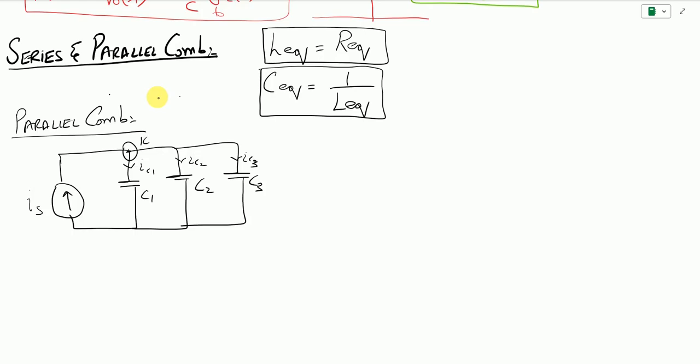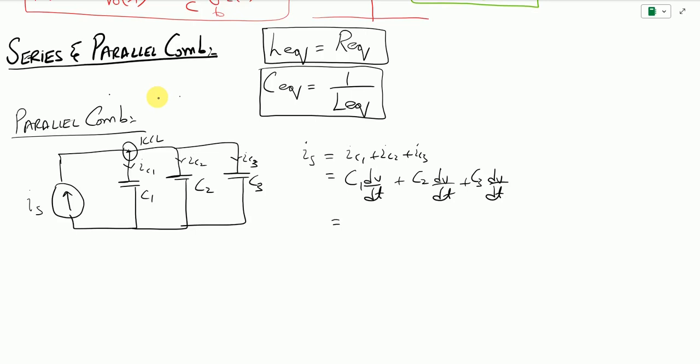If we apply KCL, what is the equation that we are going to get? We know that the sum of currents entering is equal to the sum of currents leaving. So IS comes out to be C1 dV by dt, plus C2 dV by dt, plus C3 dV by dt. Why is it dV by dt? Because the voltage remains the same in a parallel combination.